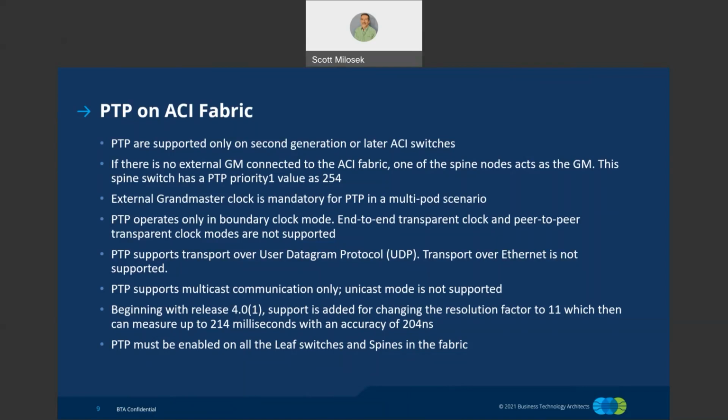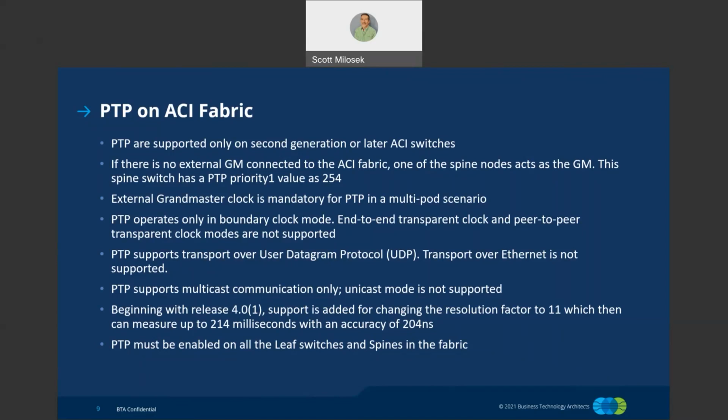The external grandmaster clock is mandatory for PTP in an ACI multi-pod scenario. Also, PTP operates only in boundary clock mode on the leaf switches. You cannot support end-to-end transparent or peer-to-peer transparent clock modes in ACI.